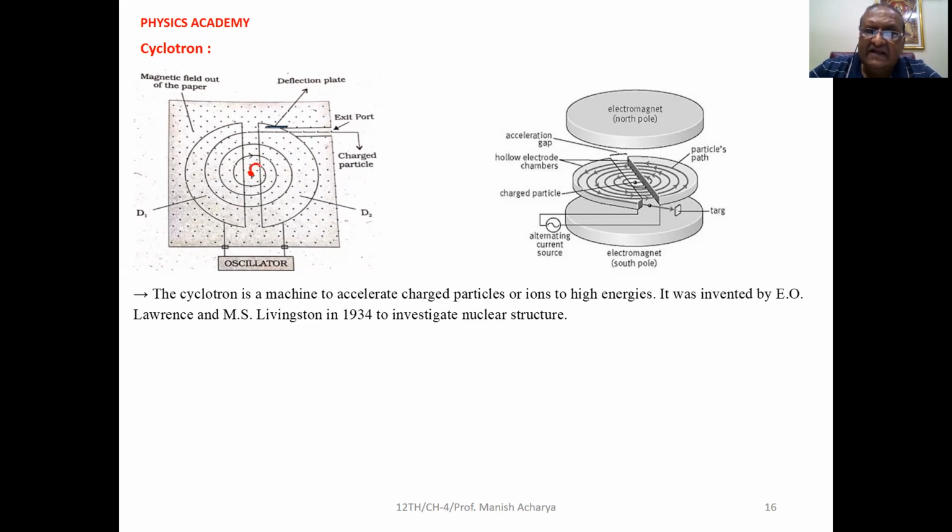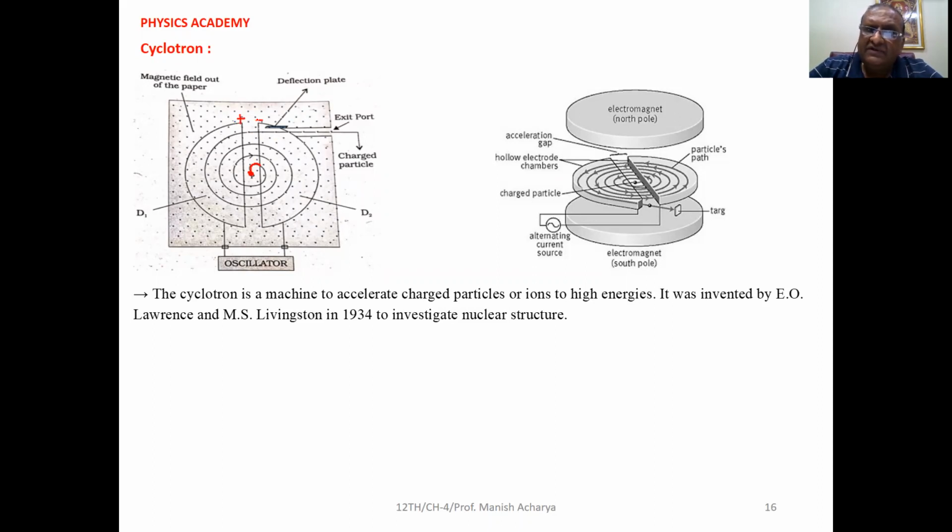As soon as it reaches the diameter of the dee, now suppose this is a positively charged particle, this particular dee becomes negative and this becomes positive.